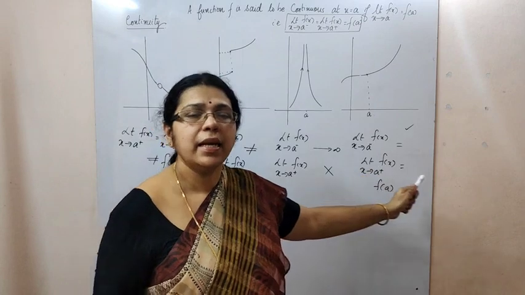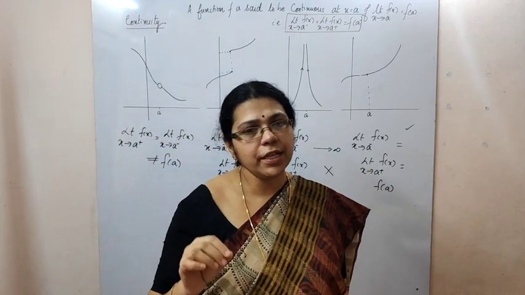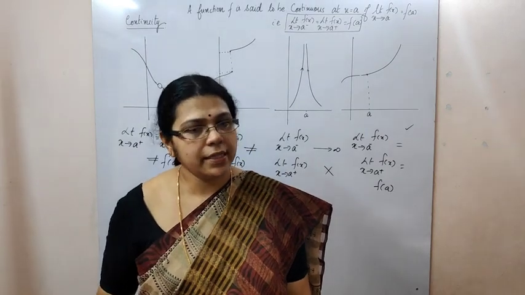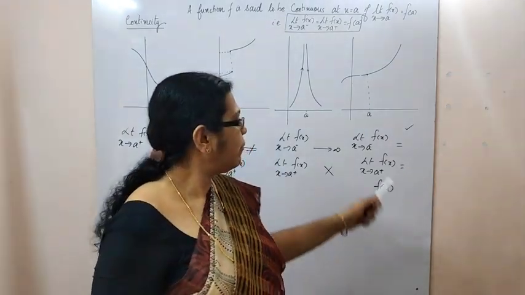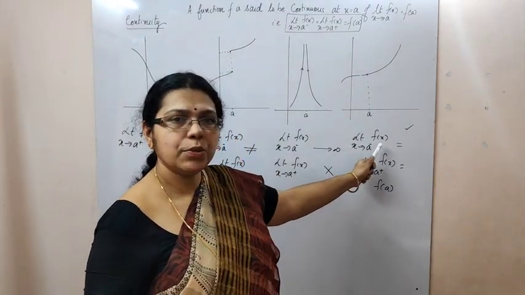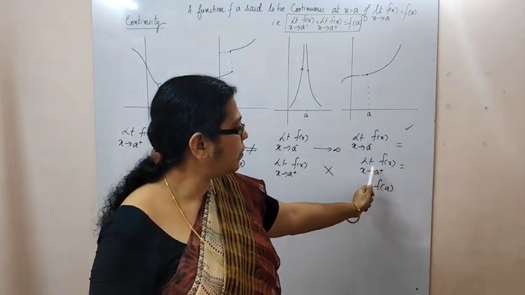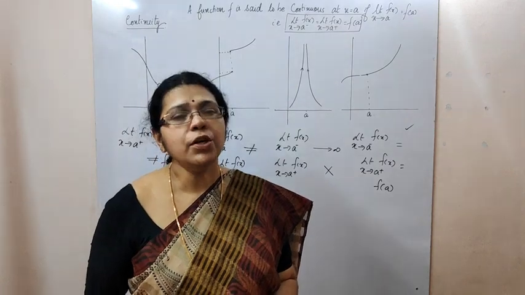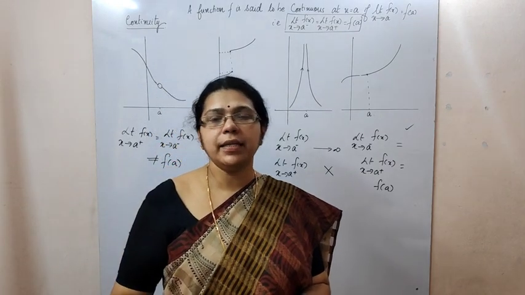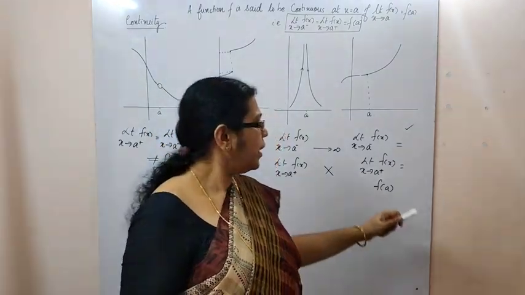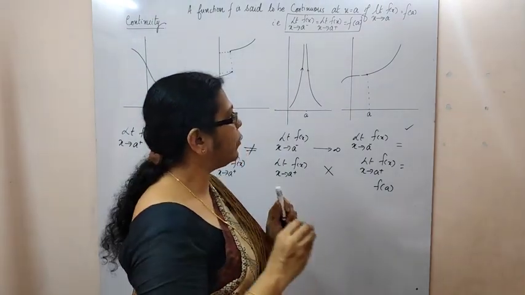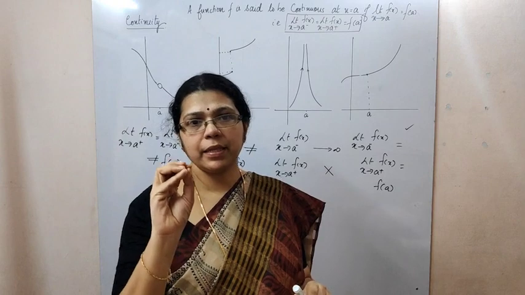Limit of the function exists meaning the left hand limit is equal to the right hand limit. Right? So limit x tends to a minus f of x is equal to limit x tends to a plus f of x, which is equal to the value of the function at x is equal to a. That is f of a. You understand me? Now this is for a point.